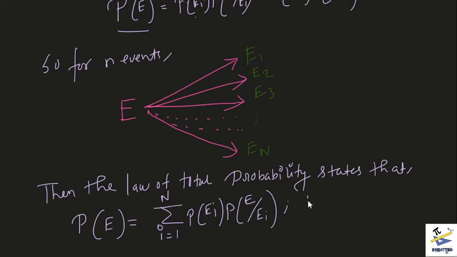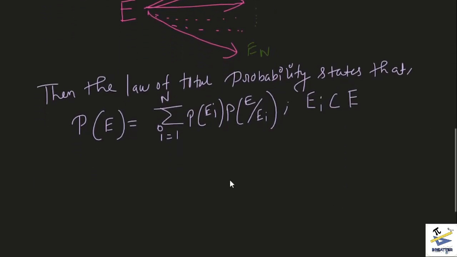Of course, where the Ei are the sub events and they belong to E. It is important to note that here the union of all the sub events is a subset of E. This has to be so because otherwise, if it were a superset of E, the event E would have a probability more than 1, which is not possible.